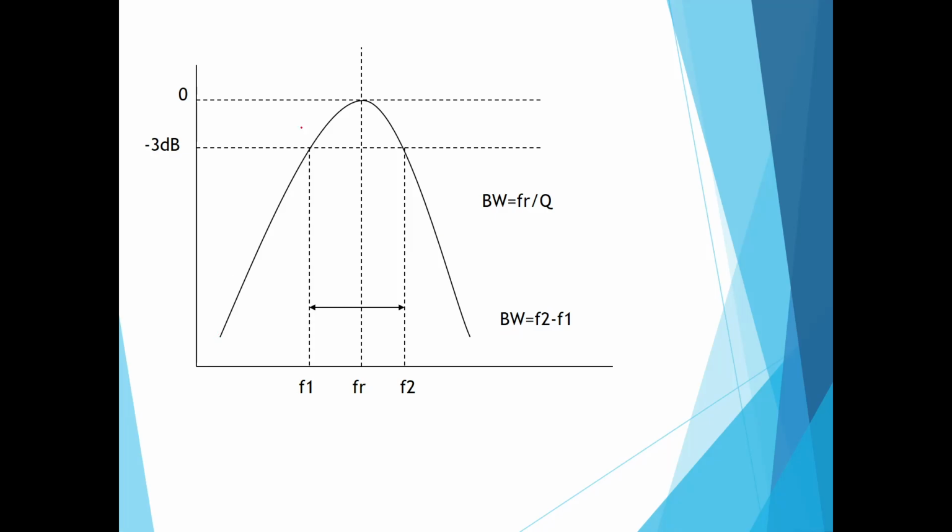We see that minus 3 dB is over here, so the 3 dB bandwidth is from here to here. And minus 60 dB is somewhere here. This is the minus 60 dB bandwidth.